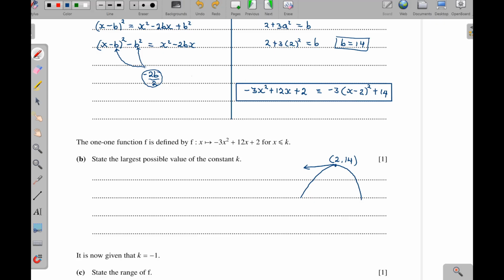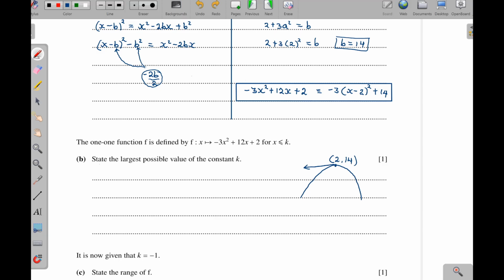So we see this one happening up to the turning point. Okay. So when they say that state the largest possible value of k, that is the x coordinate here, it has to be at the turning point because that is where now the curve changes either to move away from one-to-one or to be a one-to-one. Okay.